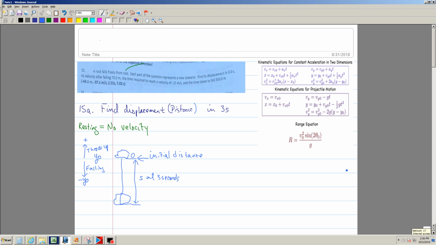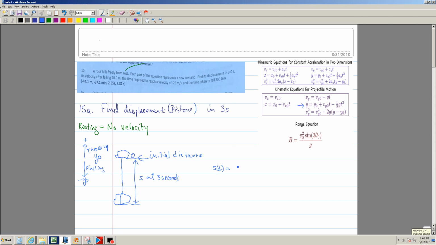Now we have it set up, and here are some of the kinematics equations. You can think of it as a projectile, but we're going to use the basic equation, this one. Instead of using y, I'm going to say s. I like the s. We'll put a t because we're going to evaluate it at 3 seconds.